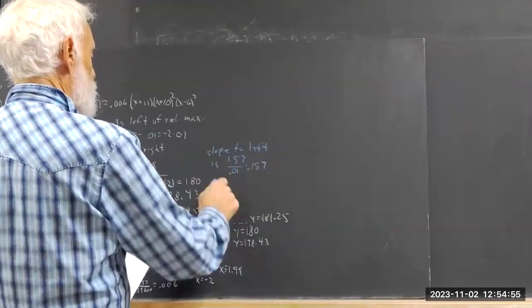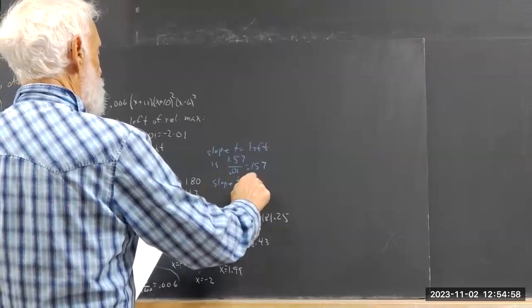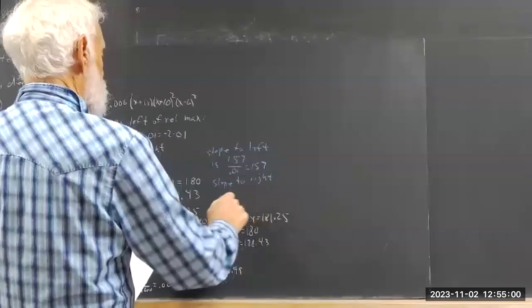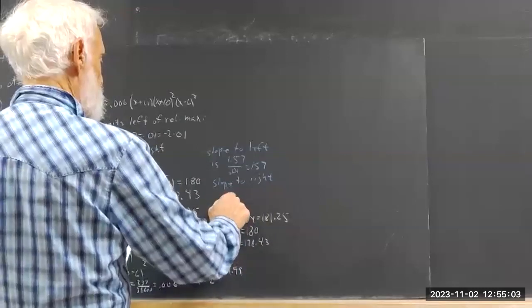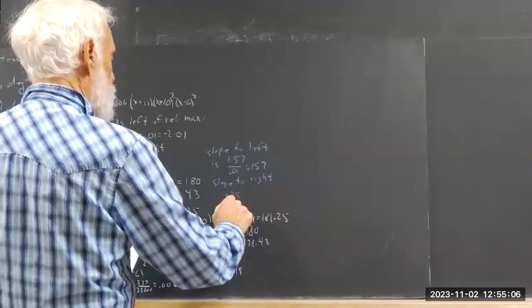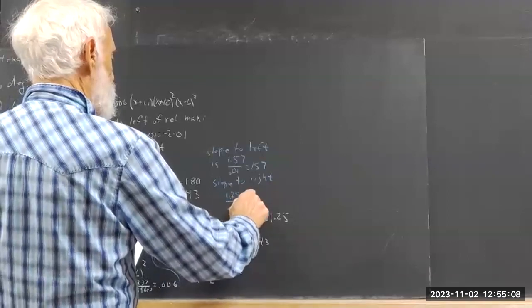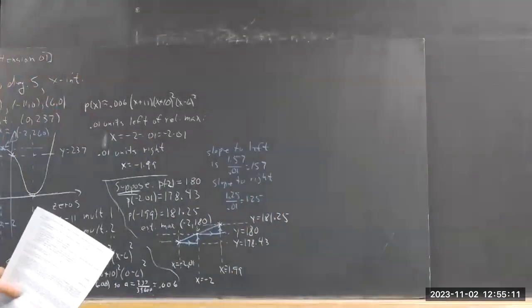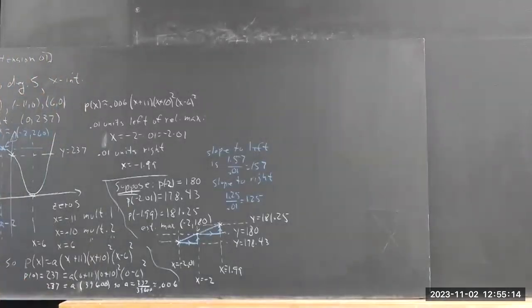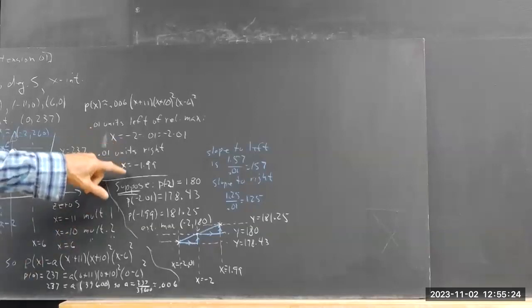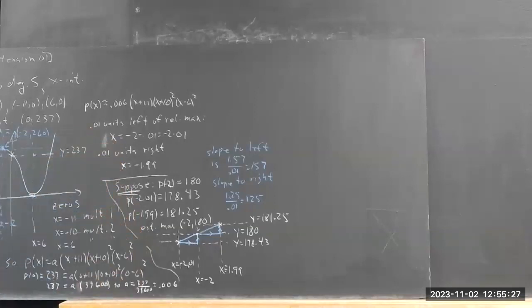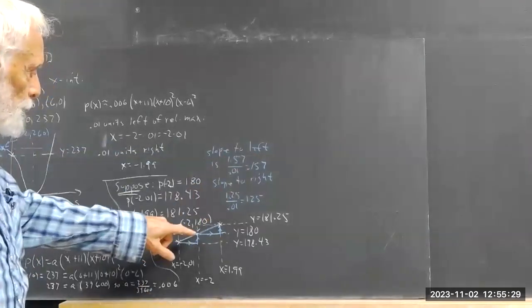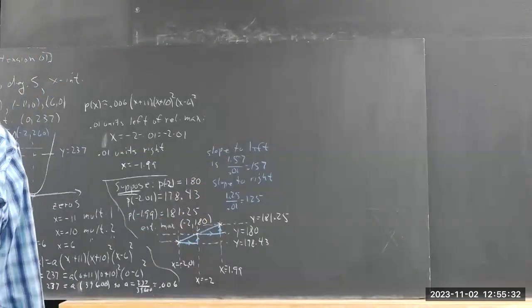Slope to the right is 1.25 over 0.01 equals 125. Now that's all easy to calculate, just hard to understand the directions, okay? So you just keep your wits about you, do what the directions say, and you end up with two slopes around this thing that was supposed to be a relative maximum.